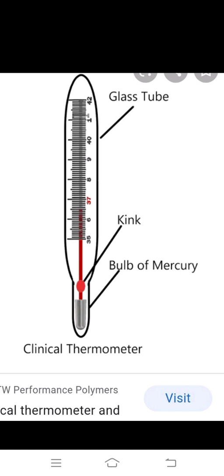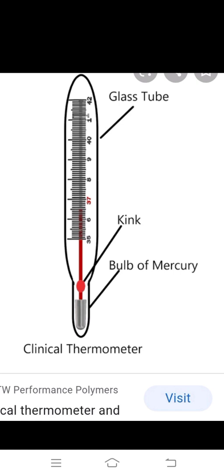When we hold the clinical thermometer, we should not touch it at its bulb. These days, digital thermometers are available which do not use mercury.